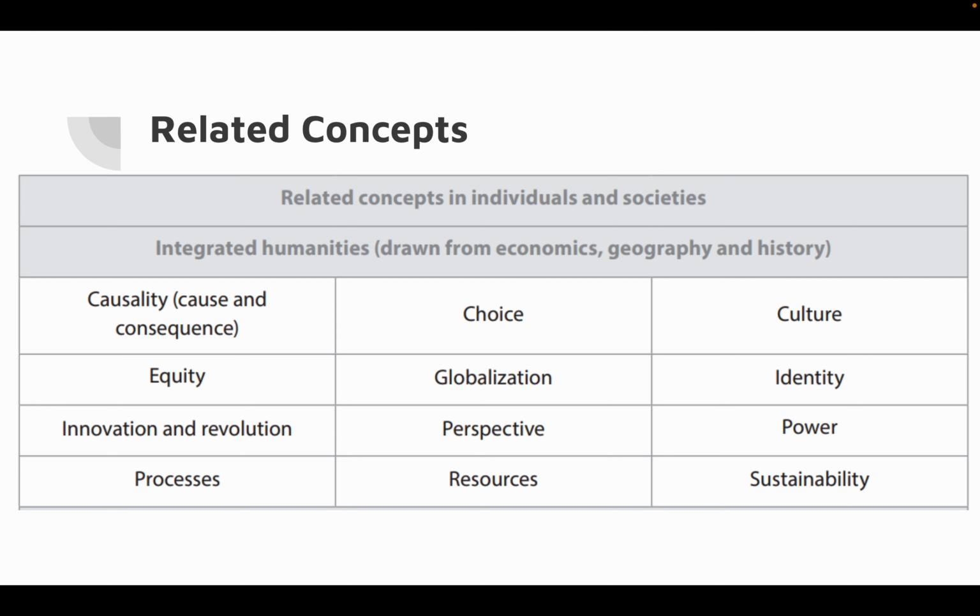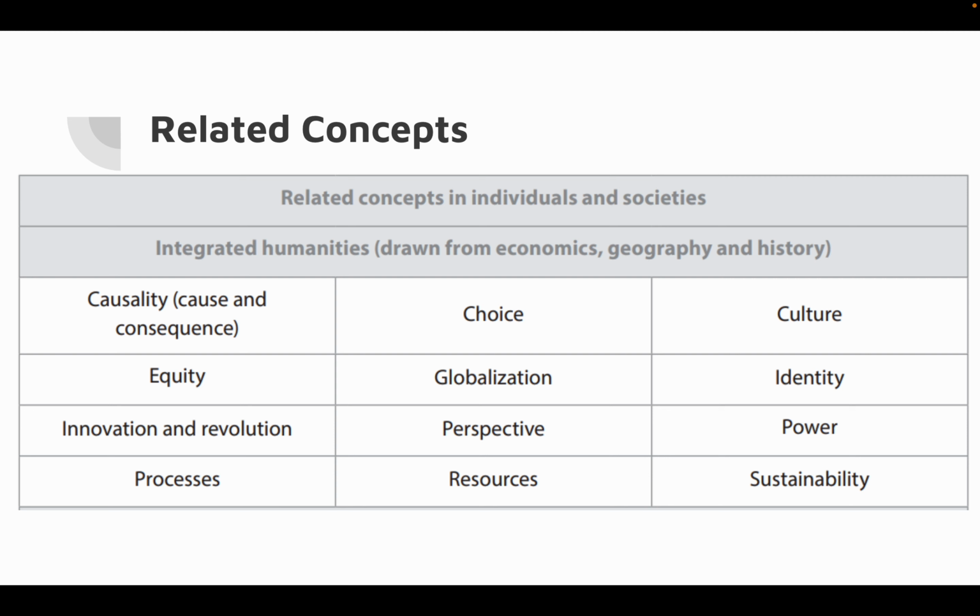So for INS Integrated Humanities, we have these 12 related concepts. Causality, choice, culture, equity, globalization, identity, innovation and revolution, perspective, power, processes, resources, and sustainability.